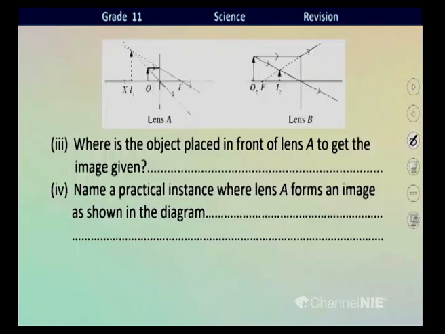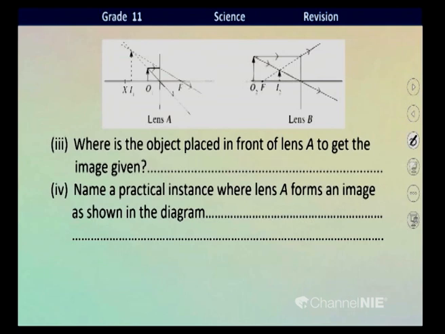Where is the object placed in front of lens A to get the image given, children? Normally, if the object is placed inside the focus of the lens, that means in between the focus and the lens, only then we get an upright, enlarged virtual image like that.